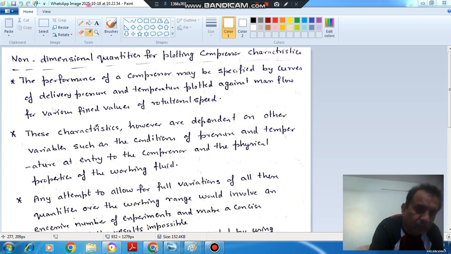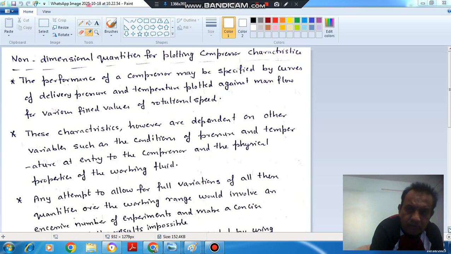Then the number of variables becomes very huge. So to draw this characteristic, it will be impossible to take into account the variation of each and every variable. Suppose intake pressure changes, then delivery pressure changes, and subsequently suppose temperature changes, then again delivery pressure changes. So these variations will be huge. So it will be impossible to draw all these variations.